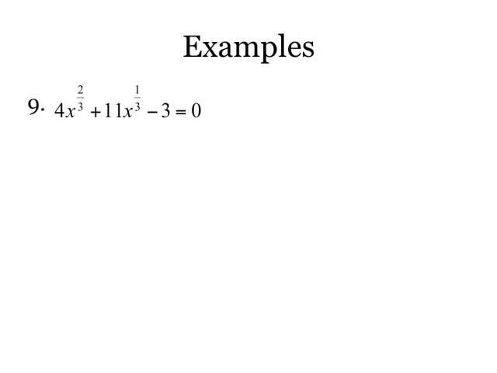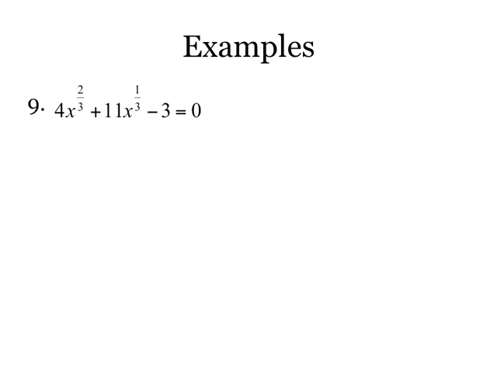So x was the square root of x squared, and then x to the 4th was x squared squared. And if you look at this example here, x to the 2/3 is x to the 1/3 squared. So that's kind of an easy way to tell, oh, I can do a u substitution to force this to become a quadratic.